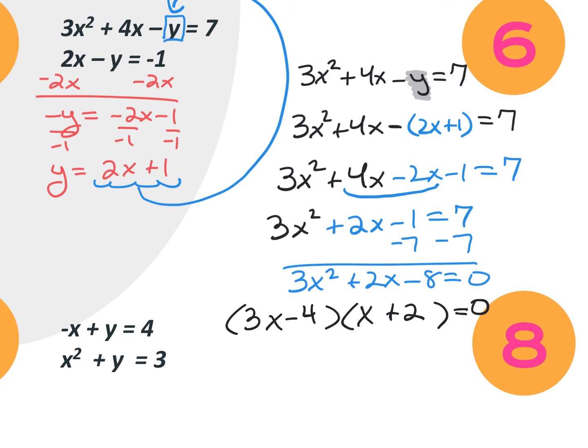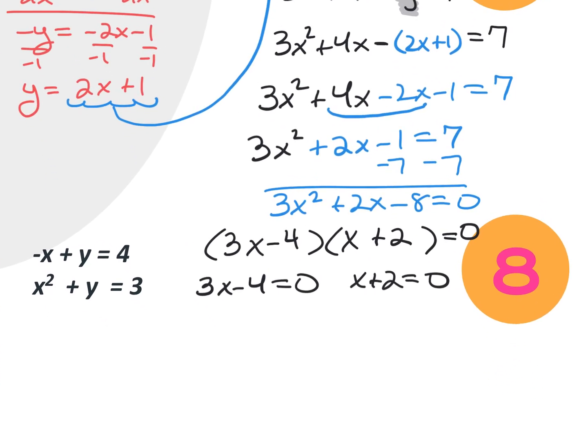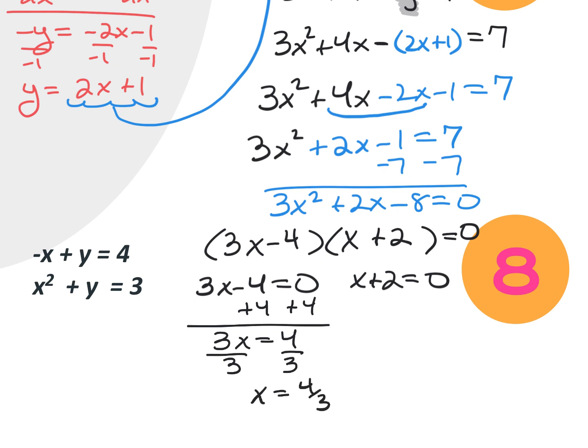So now what I'm going to do is set each factor equal to 0. So 3x minus 4 equals 0. And x plus 2 equals 0. I'm going to solve each one for x. I'm going to add 4. 3x equals 4. Divide by 3. And x equals 4/3 on that one. Over here, subtract 2. X equals negative 2.